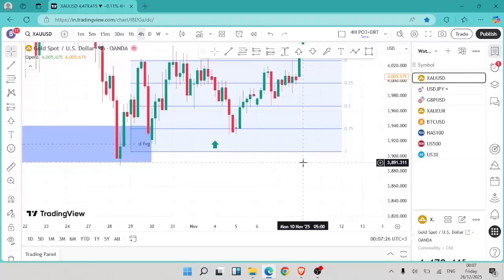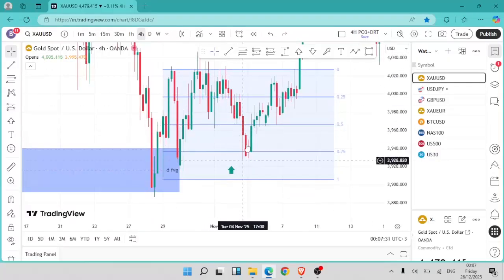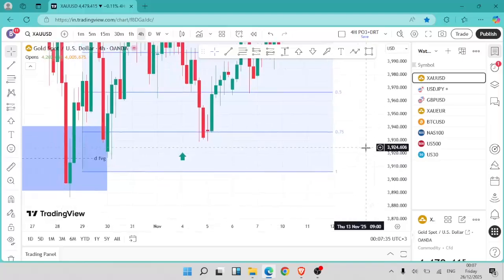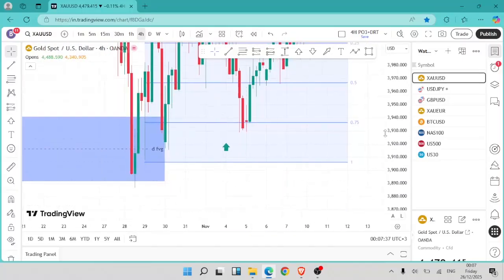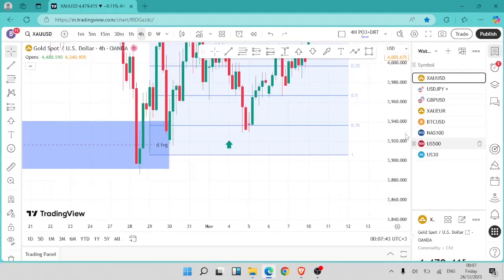Ideally, I would ask myself, why is price coming back lower to this premium zone or discount zone of this dealing range? And I would also look at fair value gaps that are within that range, and also change in state of delivery that is within that range.